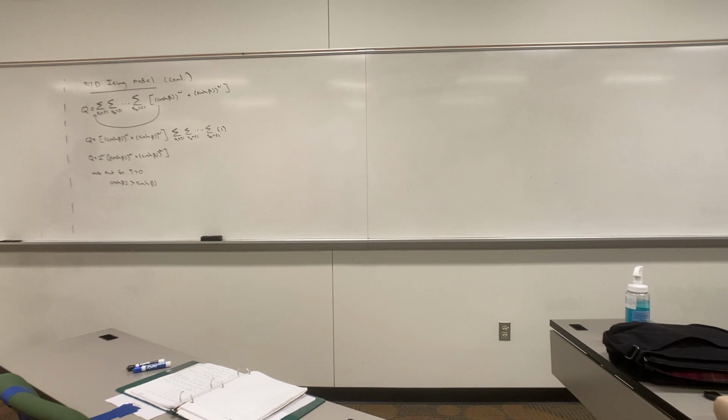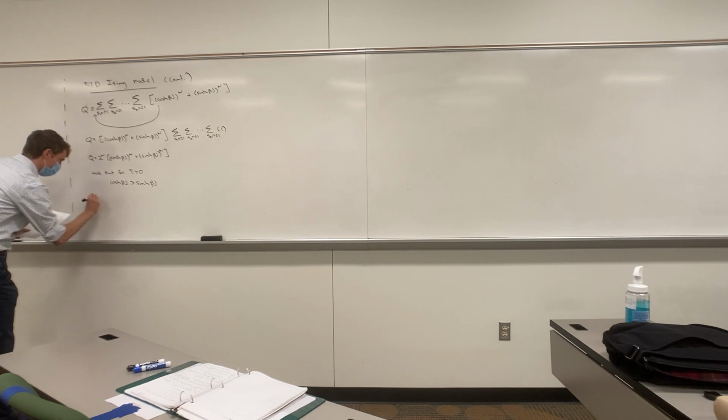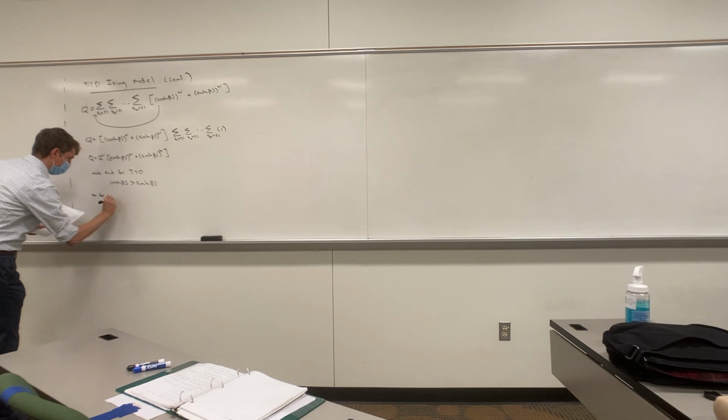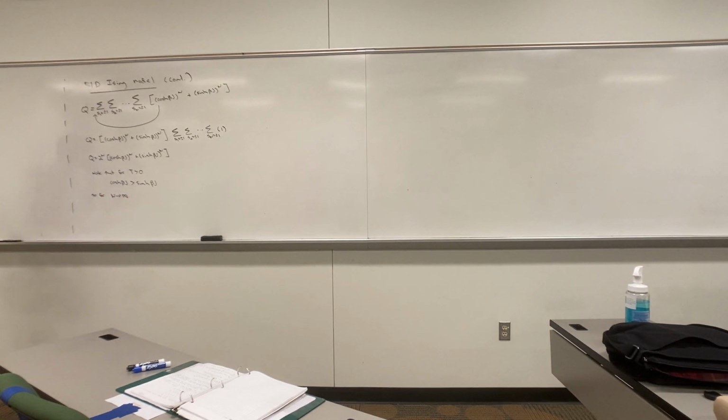So the point is, we don't care how much greater it is because we're raising it to the n, right? As n goes to infinity, the thermodynamic limit, even if this is just a little bit greater than this, when we raise it to the n, it becomes a lot greater than that, right?